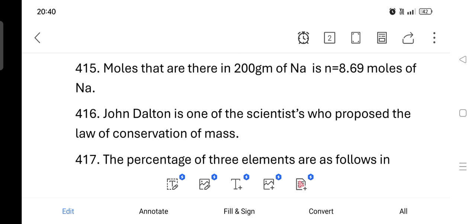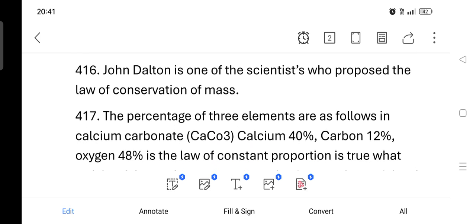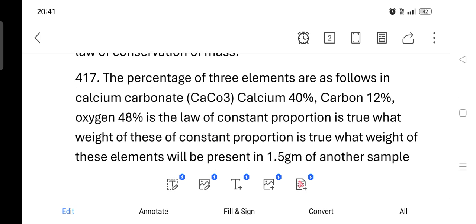Moles in 200 grams of Na: n is equal to 8.69 moles of Na. John Dalton is one of the scientists who proposed the law of conservation of mass.